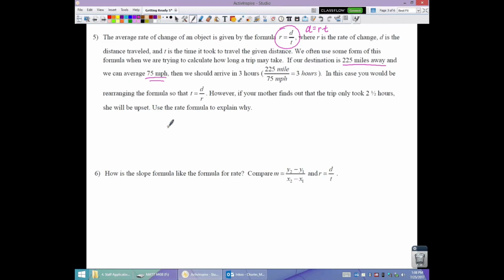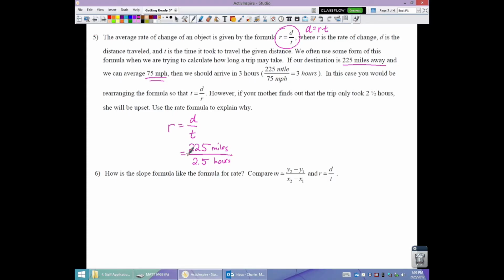So if time equals distance over rate, I'm sorry, we don't want to use that formula. If we go back to r equals d over t that was circled up at the top, our distance away hasn't changed, 225 miles, divided by, if it's now 2.5 hours, Mom's going to be mad.